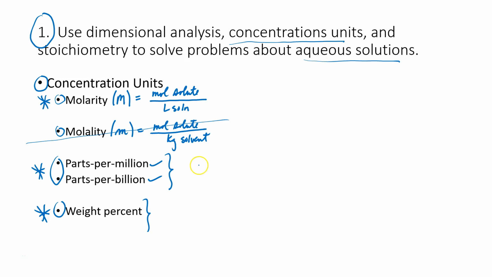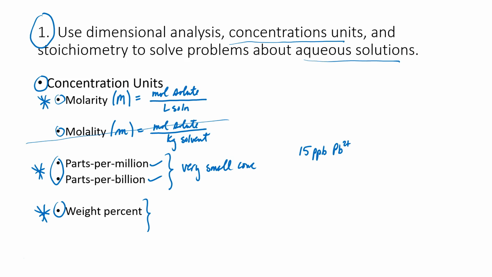First of all, parts per million and parts per billion are used for very small concentrations. In fact, the EPA uses these units a lot for the maximum contaminant levels of certain solutes in solution. If I remember correctly, the maximum contaminant level for lead is 15 parts per billion.